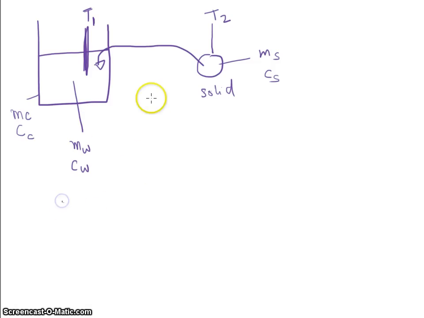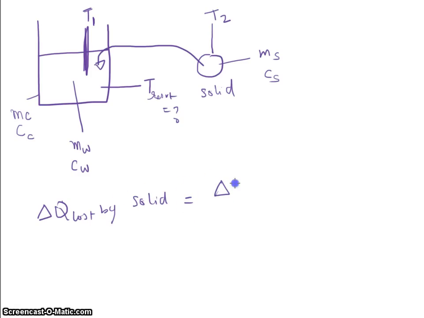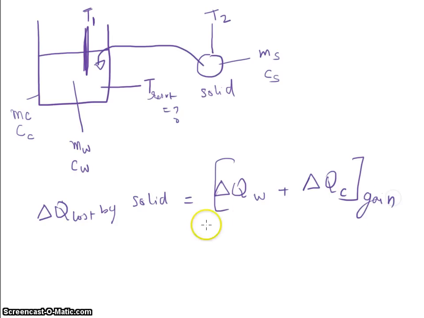Then I find what the T result is. Now I can find that the heat lost by the solid is equal to delta Q by water plus delta Q by calorimeter, and both of these are gains.